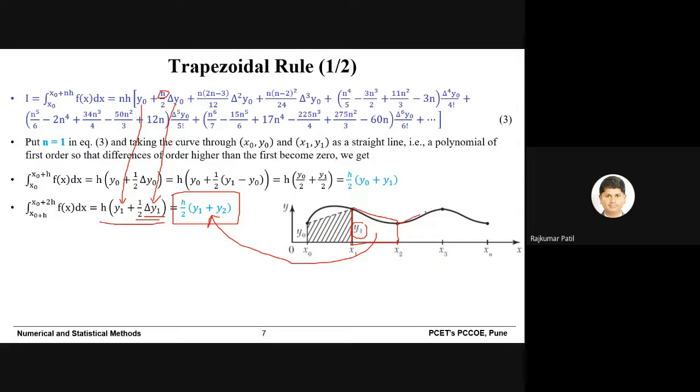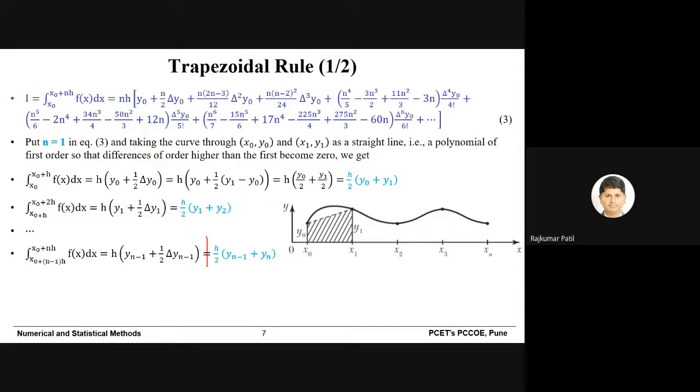Again, you can consider the third trapezoid, calculate its area, and so on. We need to repeat this process for all the remaining trapezoids, and for the last trapezoid you will get the area as h by 2 into bracket yn minus 1 plus yn. This is how we use equation number 3 to calculate the area of each trapezoid.